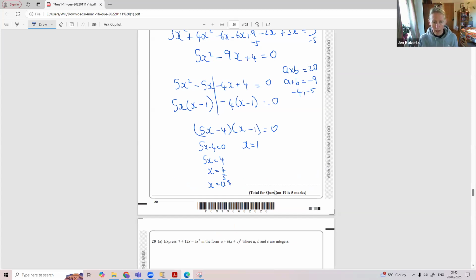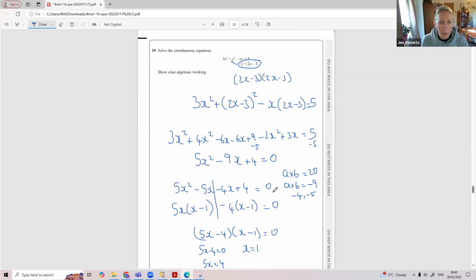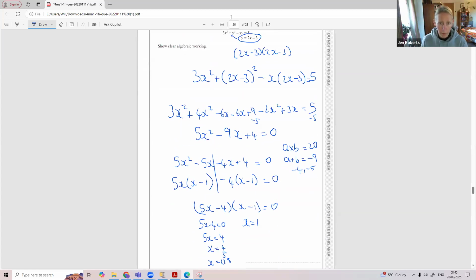Then we've got our x's, we also need to find our y's. So an x is 1 and y is equal to 2x minus 3 from here. I'm going to sub that in to get my y. So 2 times 1, take away 3, so y is minus 1. So that'd be one of yours: when x is 1, y is minus 1.